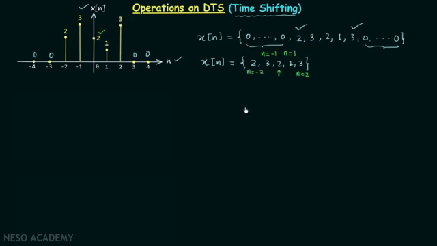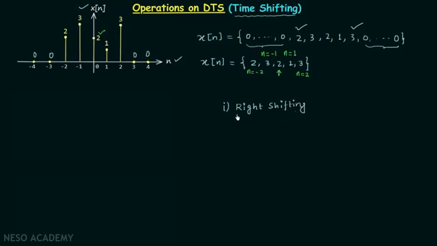The first one is right shifting and the second one is left shifting, and we will first understand the case of right shifting. We know what will happen in case of right shifting.